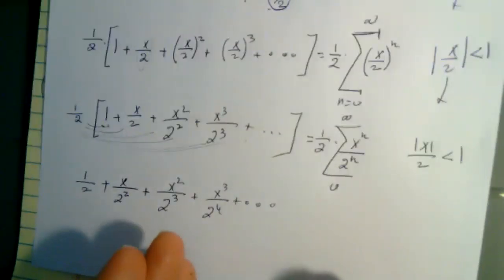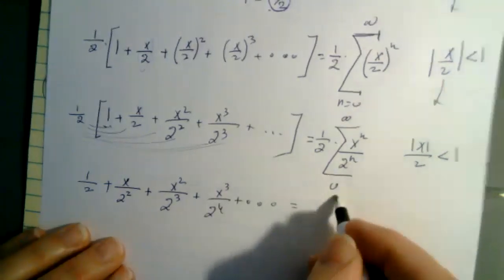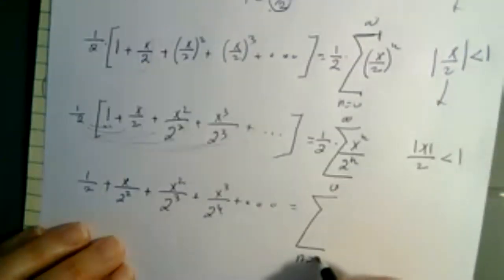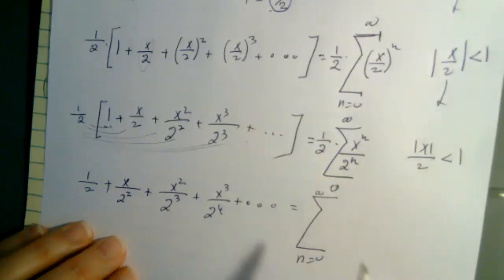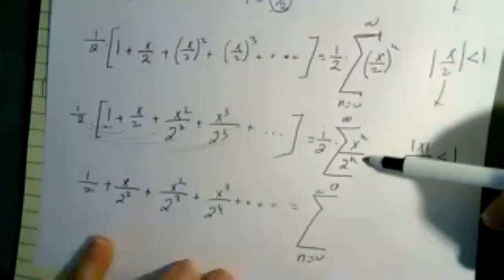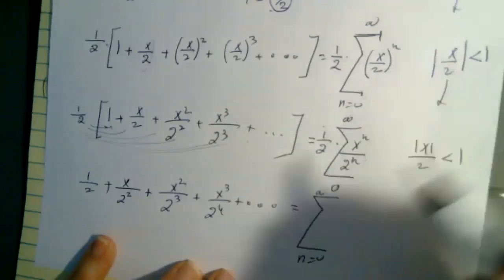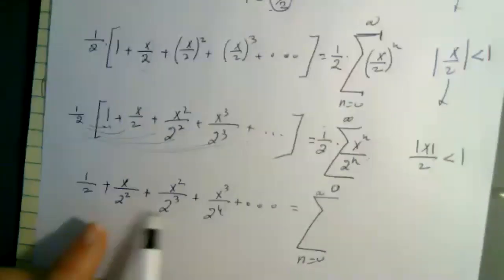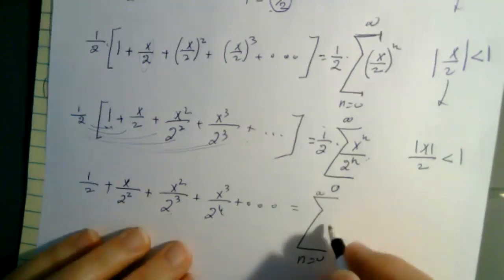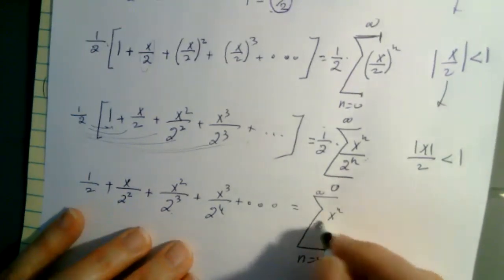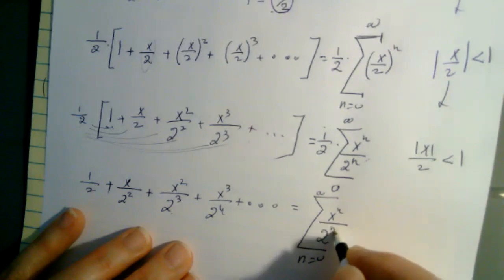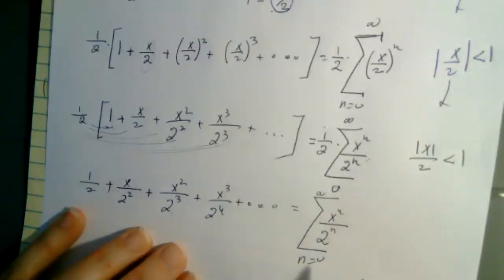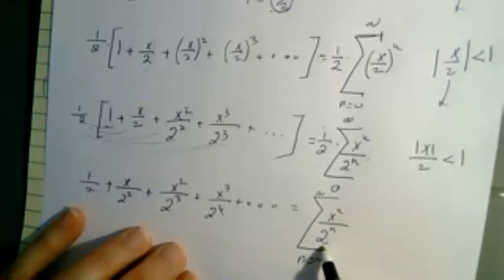I'm just distributing. So with this in mind, I'm going to distribute the half inside. So now I'm going to basically bring it inside the sum because I can do that. It's going to become x to the n over 2 to the n. Basically, I'm going to multiply each term by a half.